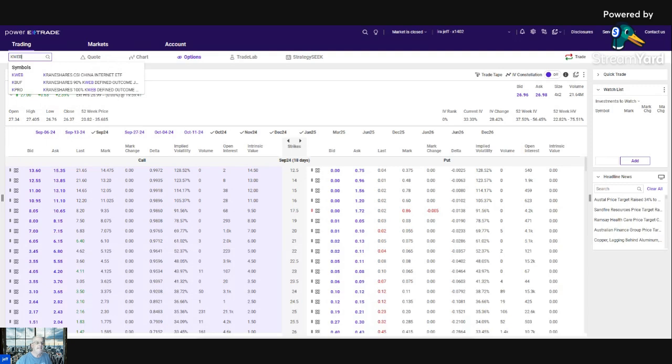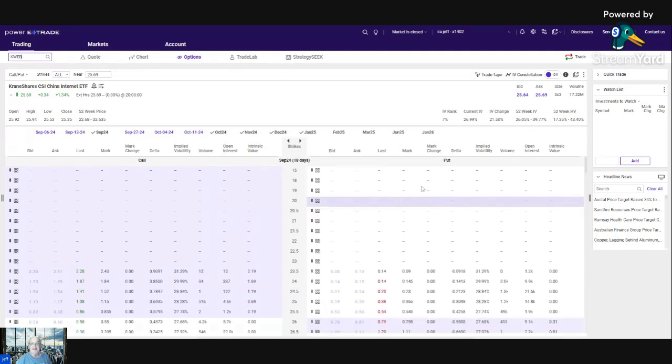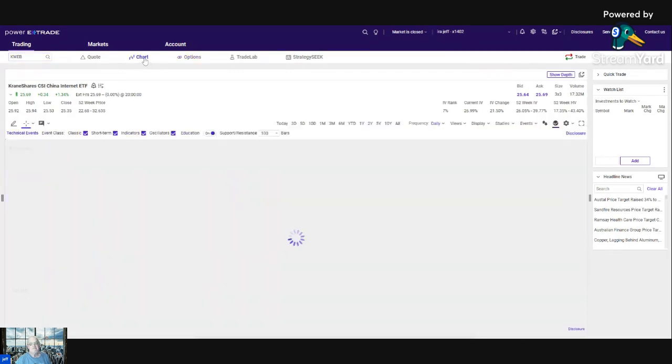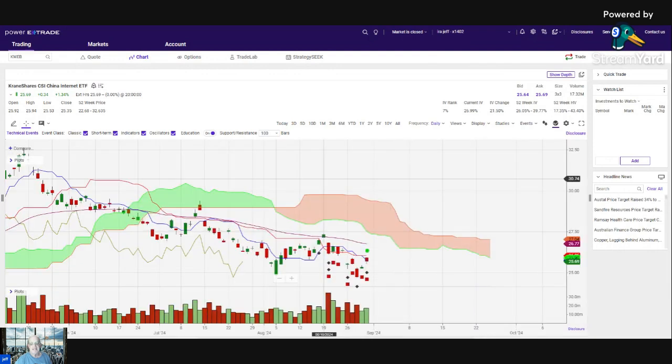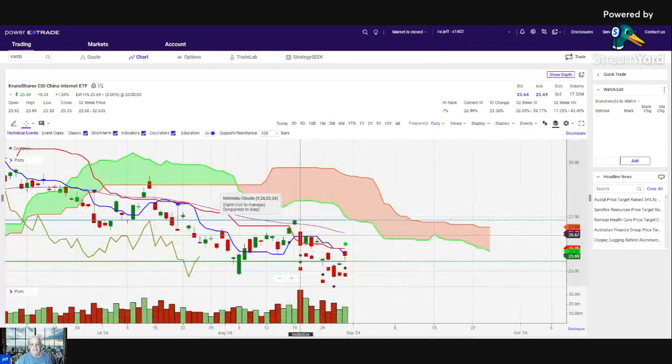The bid is how much you would sell it, and the ask is how much you buy. So take, for example, here is the Chinese internet stock, and say somebody bought here on this red candle.